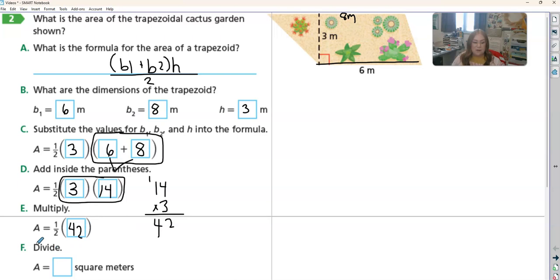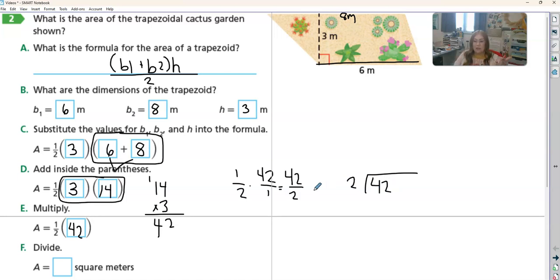Now I'm going to let you divide this how you want. So we can either take half of 42, which turns into 42 over 2, and we need to simplify it, or we know that timesing by half is the same thing as 42 divided by 2.